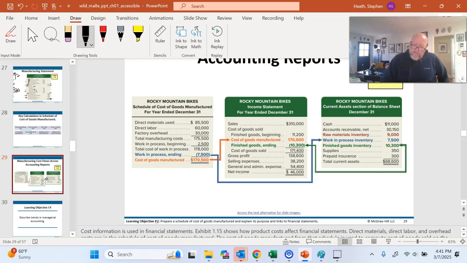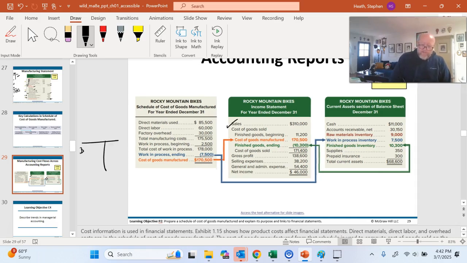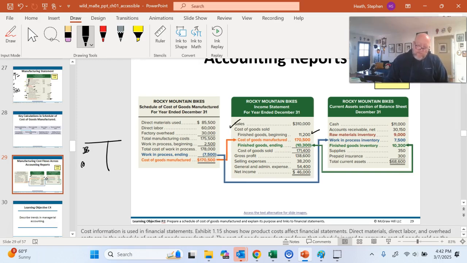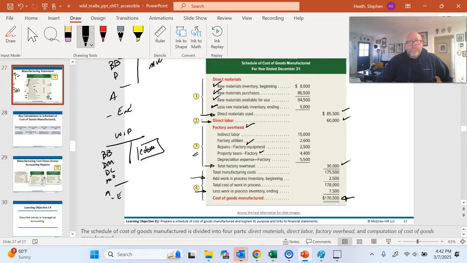We have the income statement. So we would try to quantify cost of goods sold. And cost of goods sold, again, is the finished goods T account. And we would have beginning balance, right, which is this. And then we would have finished goods that were transferred, cost of goods manufactured. That was what we just quantified in this example. That came from our cost of goods manufactured schedule, right? The more detailed one, 170,500.